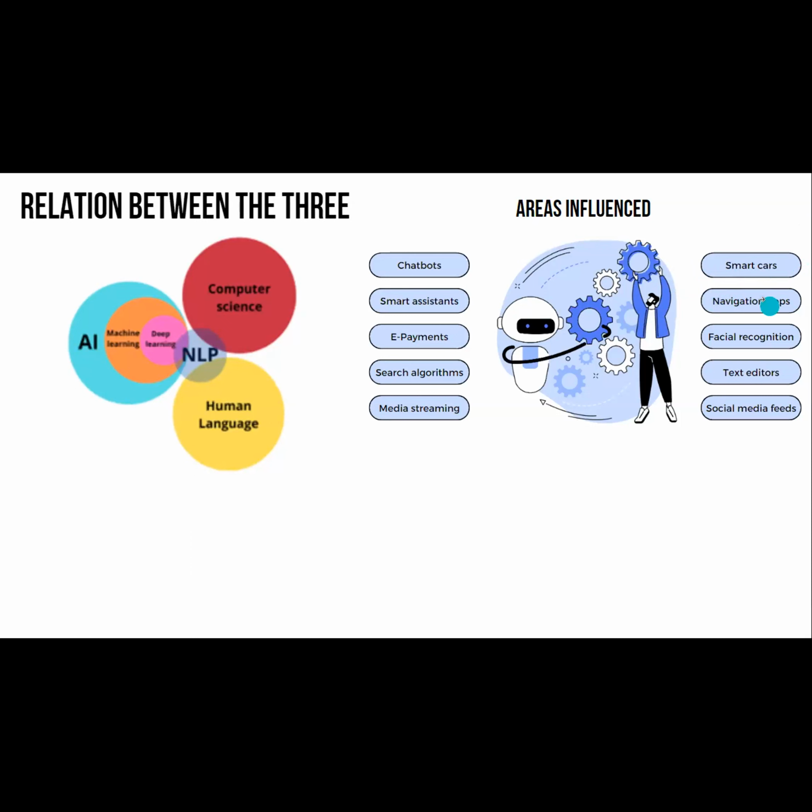Then you have navigation apps. The best example is Google Maps. It involves AI and machine learning. Of course, it involves a voice assistant too; though it is not communicating, it gives you the voice assistant in different languages. Similarly, the rest, chatbots, very helpful.